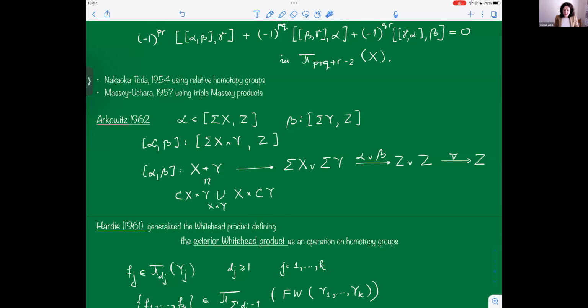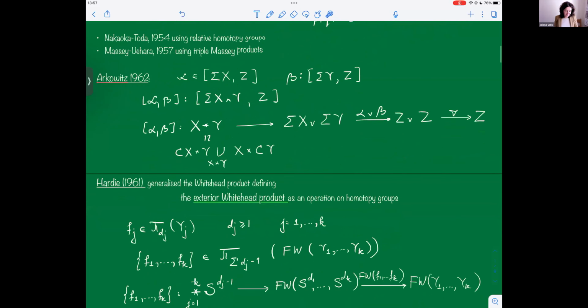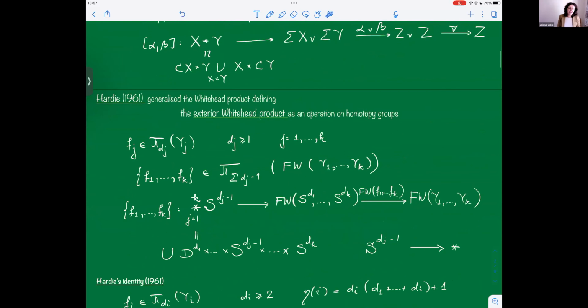So one of the results that we know of, another identity apart from the Jacobi identity, came from the work of Hardy. In 1961, Hardy generalized the Whitehead product by defining the exterior Whitehead product as an operation, again, on homotopy groups.